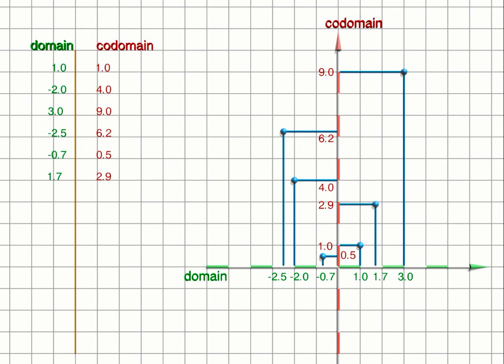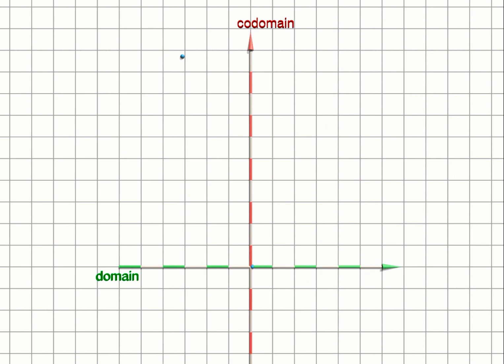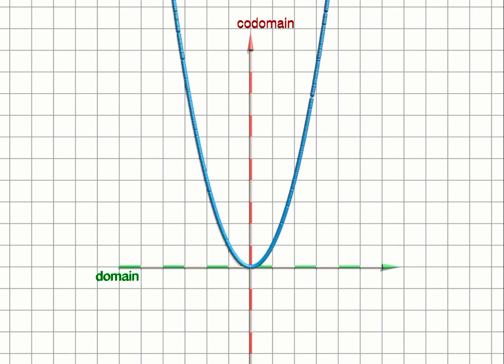Let's see if we draw a certain number of points in the graph, randomly picked, at least a few hundred of them. Okay, we now have an idea of exactly what the graph of f looks like.